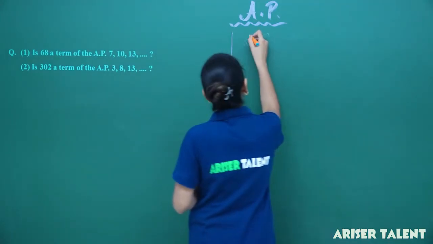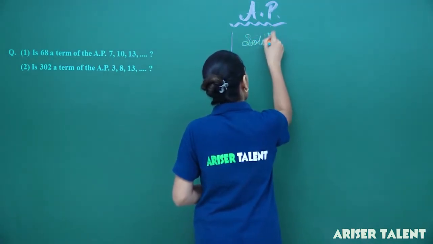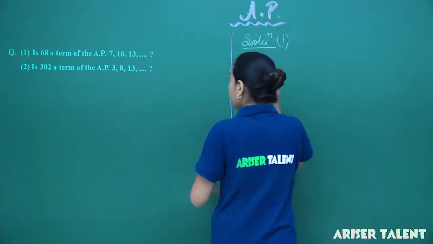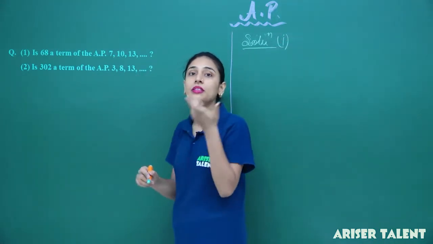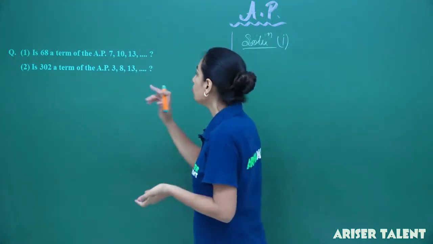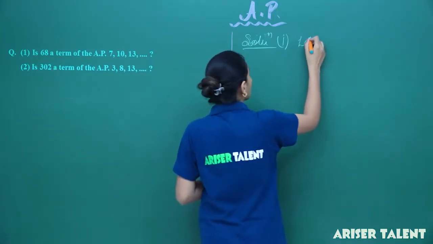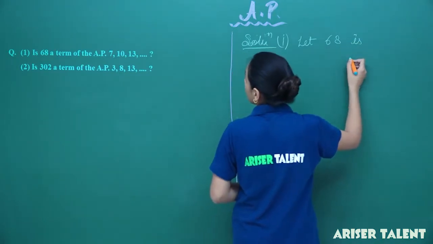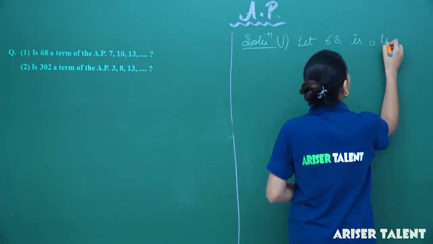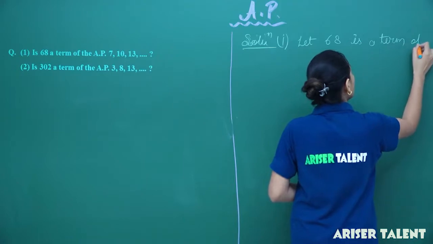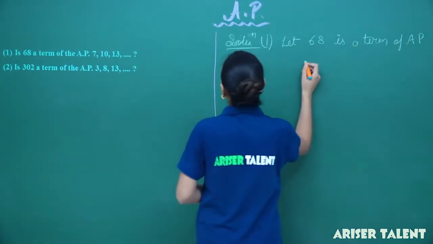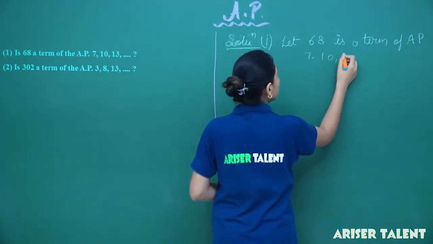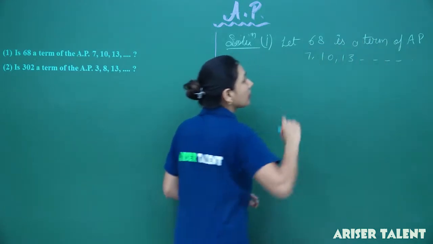Solution 1. We have to only provide the answer with yes or no. So, let 68 be a term of the AP 7, 10, 13 and so on.